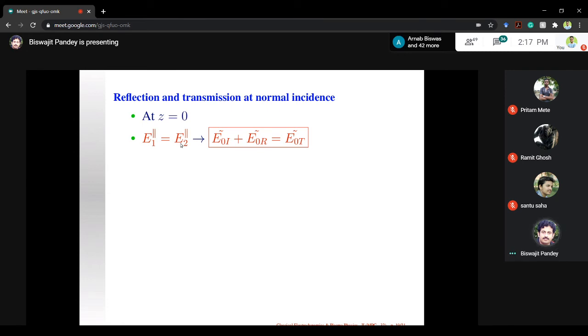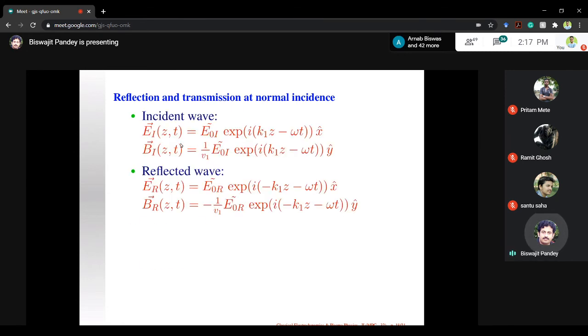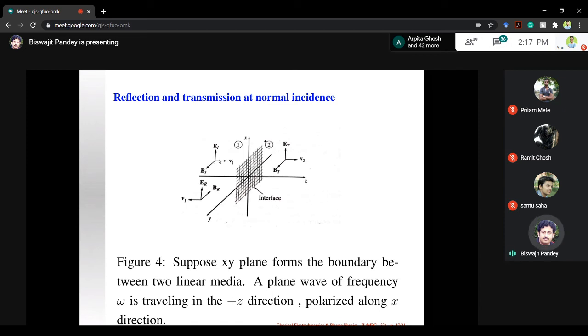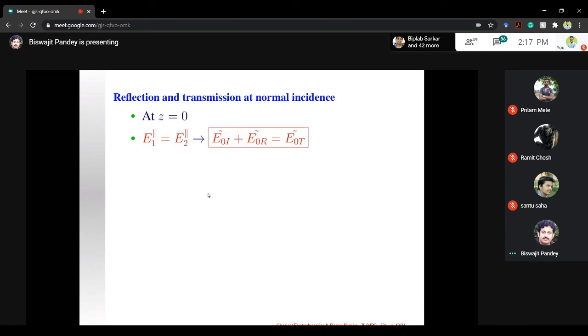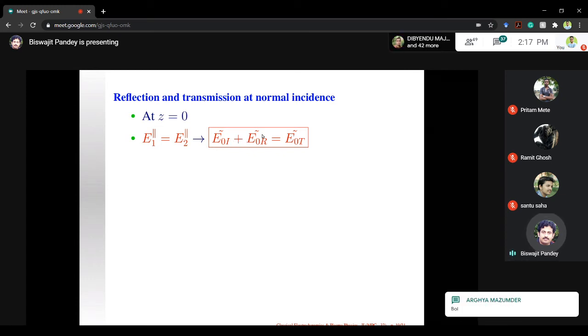On the left hand side there are two waves in the first medium: the incident wave and the reflected wave. So we should sum the parallel components of the electric field of both these waves. That's why you have written here E0I, the complex amplitude of the incident electric field, plus the complex amplitude of the reflected electric field, equal to the complex amplitude of the transmitted electric field.